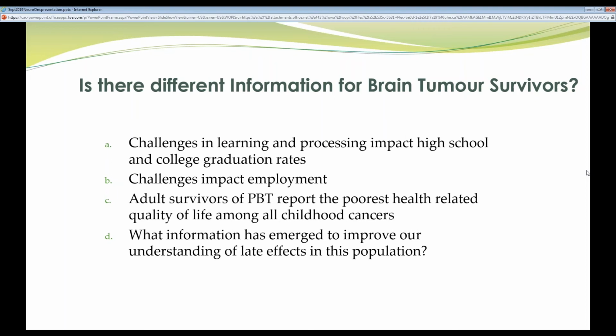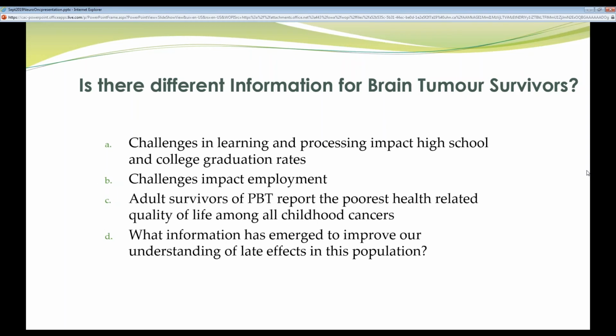Sometimes it can impact school if they're in school when this happens. And when they've looked overall at all the pediatric brain tumor survivors as older adults, it tends to be that they report poorer health-related quality of life amongst all childhood cancer survivors.